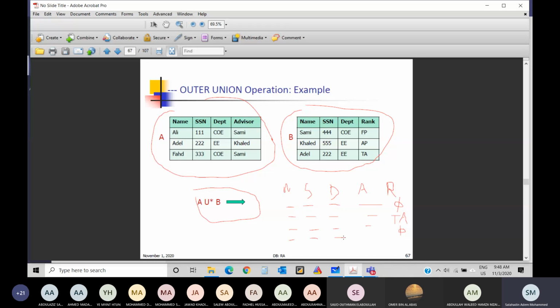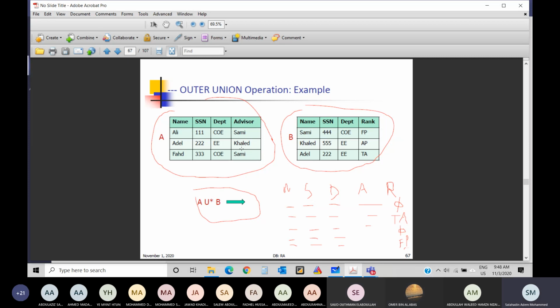He doesn't have an advisor, but his rank is full-time, FP. What about Khalid? I didn't do Khalid, right? So do Khalid, 555 EE, and he is AP. Write his AP here, but this is blank. Adil I already did. Right. This is how you combine 2 tables into one table.